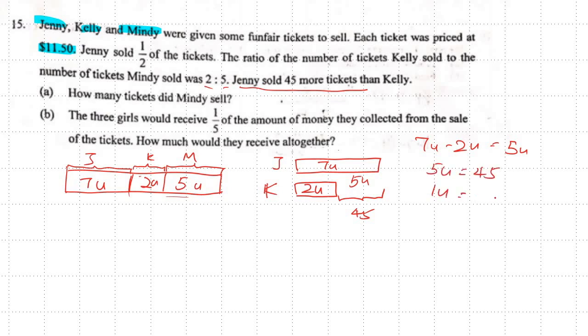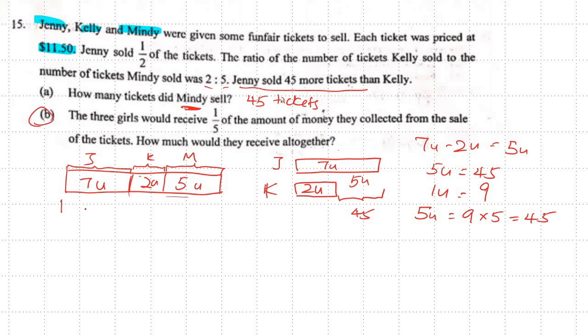Then 1 unit will give me 9. So in this case, Mandy sold 5 units. So 5 units equals 9 times 5, which equals 45 tickets. Okay, the 3 girls will receive 1/5 of the amount of money they collected from the sale of the tickets.